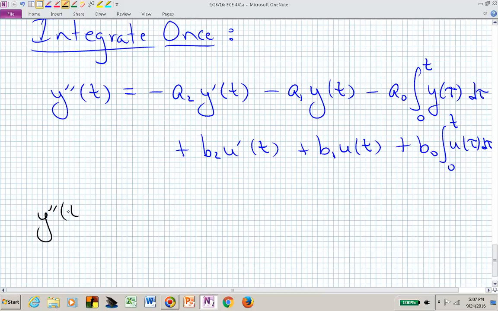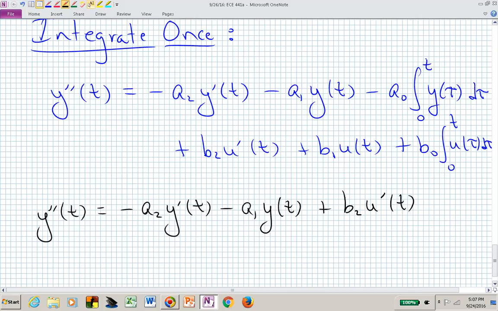Let me then just say that I now can rewrite this as y double prime is minus a sub 2 y prime minus a sub 1 y of t and plus b sub 2 u prime. And maybe what I should do is start combining, and let me just go ahead and do that. I'm going to start associating these powers or derivative terms with each other. So I now have minus a sub 2 y prime. Let me locate that close to b sub 2 u prime.